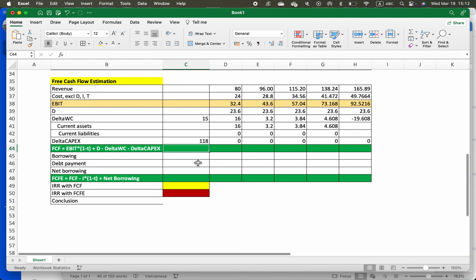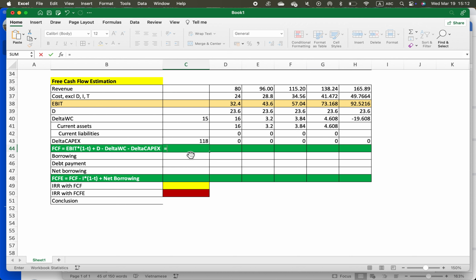Now we come up with the information of FCF. So FCF is going to be EBIT. EBIT is this one, right? EBIT, this one, multiplied by 1 minus 20%. And then we add D. Where's D? D is in here, right?